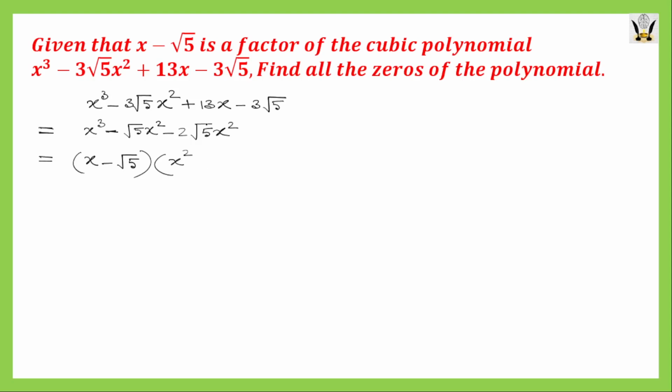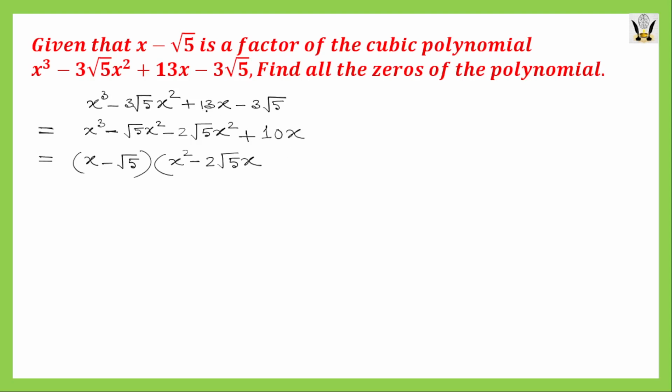And now to get this minus 2 root 5 x square, we need to multiply x by minus 2 root 5 x. Now again we have another term here, minus root 5. So when we multiply minus 2 root 5 x by minus root 5, we get 10. So the extra term that we will be getting is plus 10x.